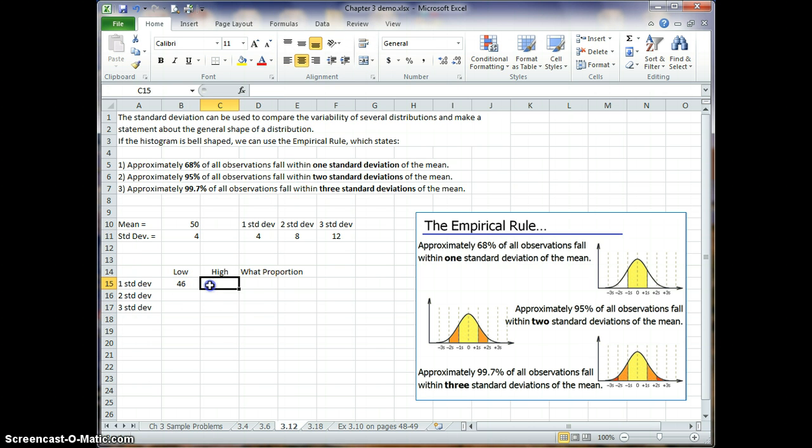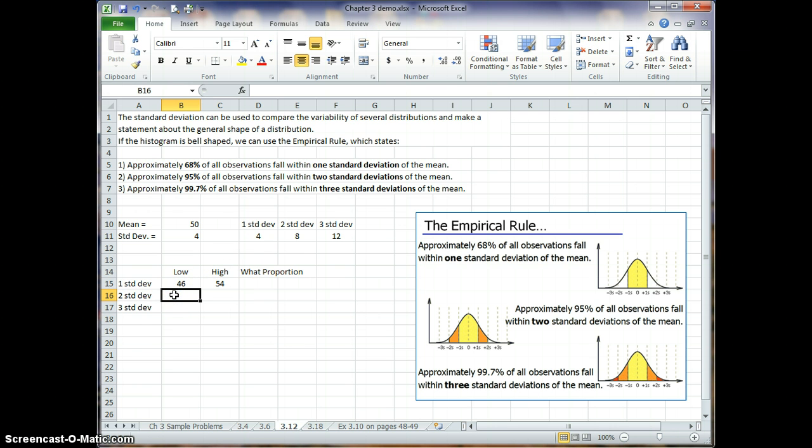So 1 standard deviation on the low side is 46. Again, if we take the mean plus the standard deviation, that's going to give us 54.